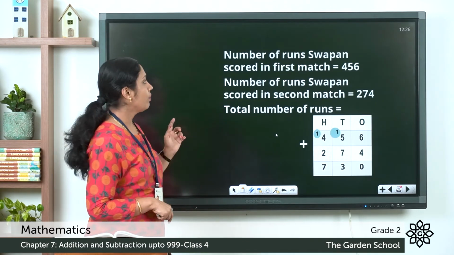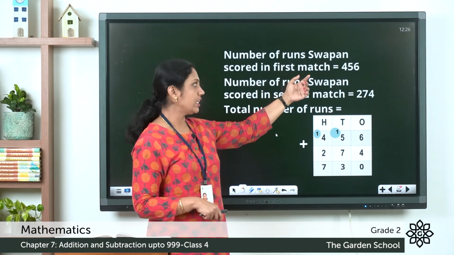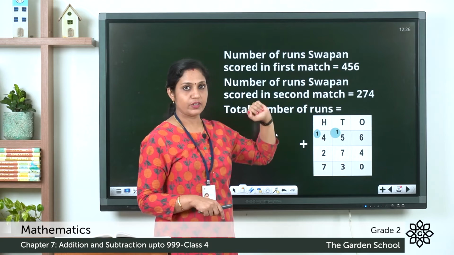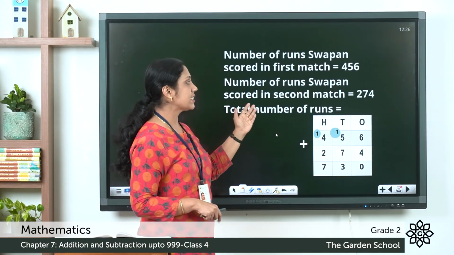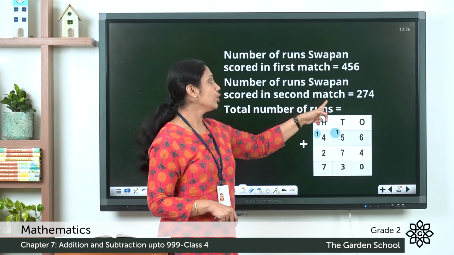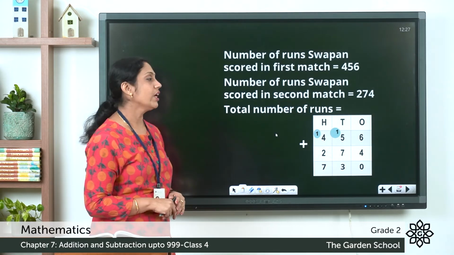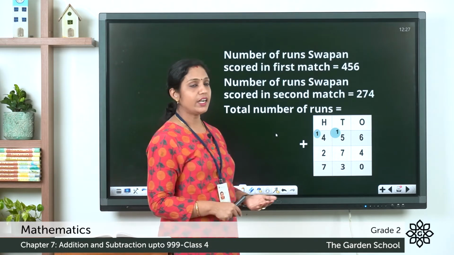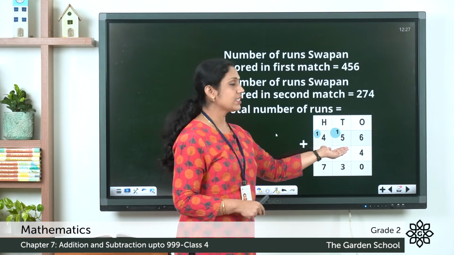Let's check. Number of runs Swapan scored in the first match is equal to 456. Number of runs Swapan scored in second match is equal to 274. Now we have to find out the total number of runs. For that we can add 456 plus 274.